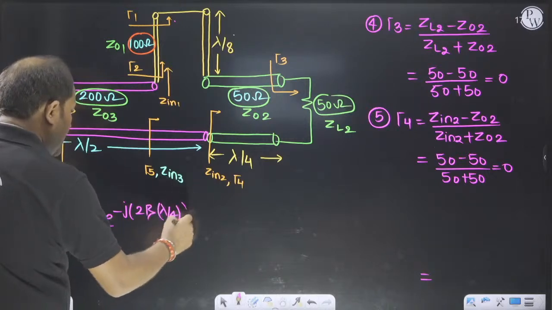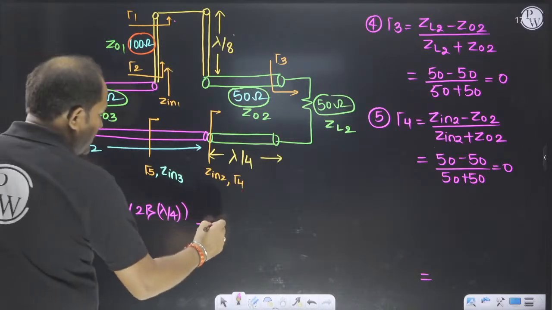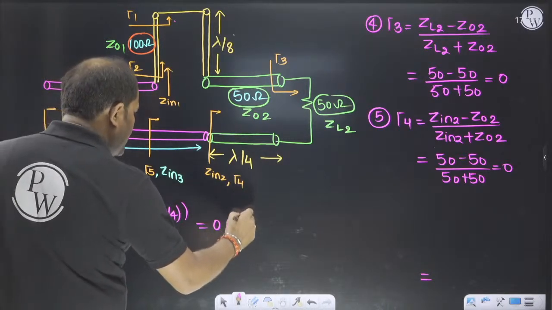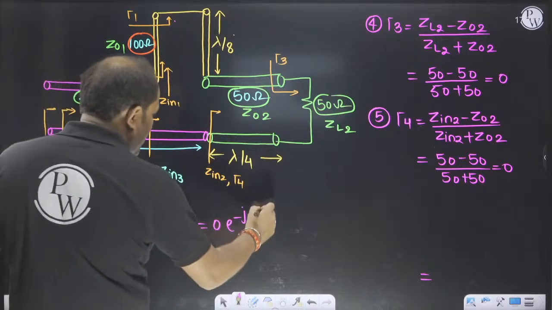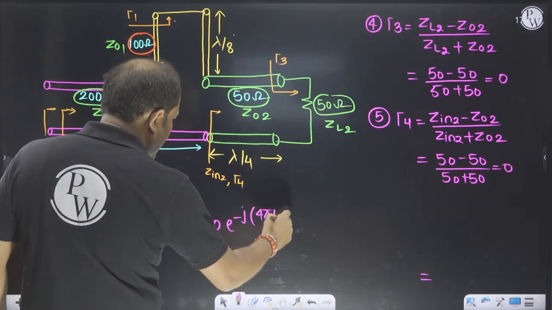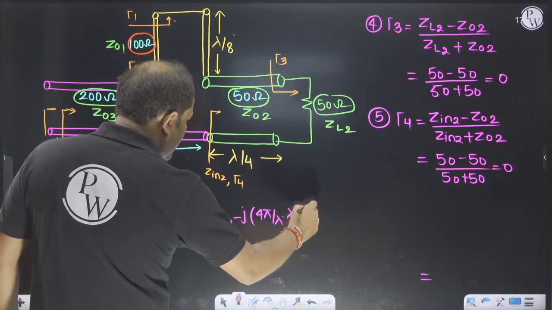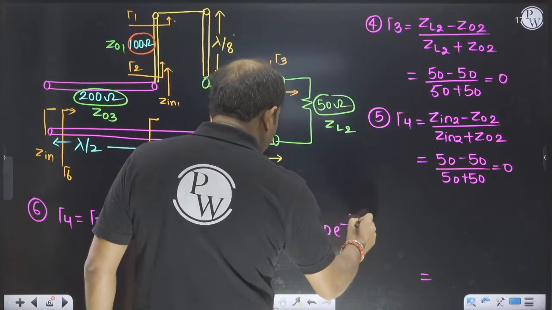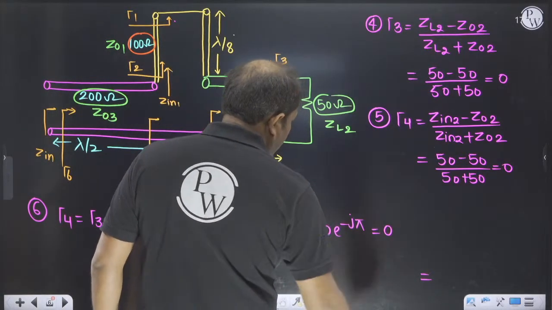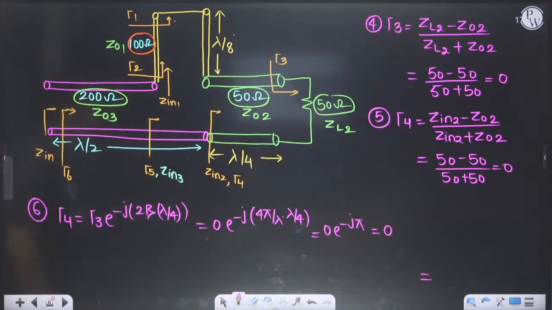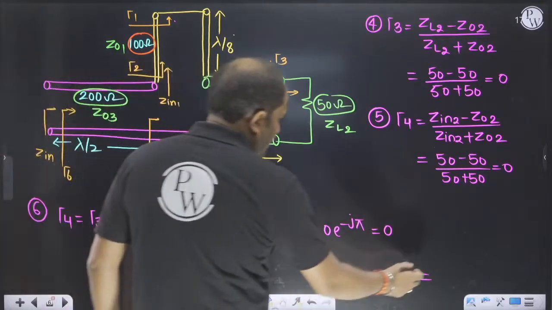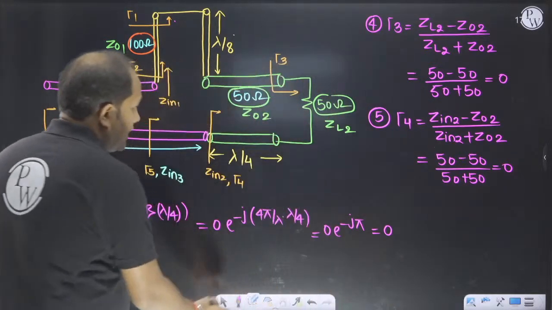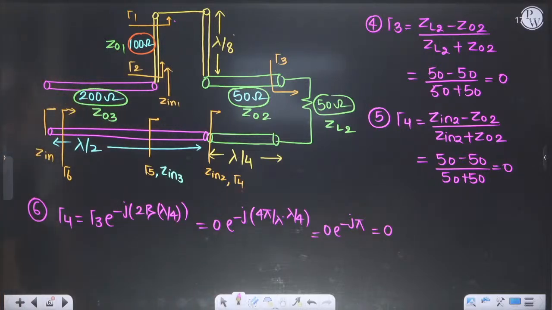Gamma 3 is 0, times e to the power minus j 4 pi by lambda into lambda by 4, which is 0 times e to the power minus j pi, equal to 0. So our answer will be 0. Gamma 3 we have calculated, gamma 4 we have calculated. Now we have gamma 5 and gamma 6.